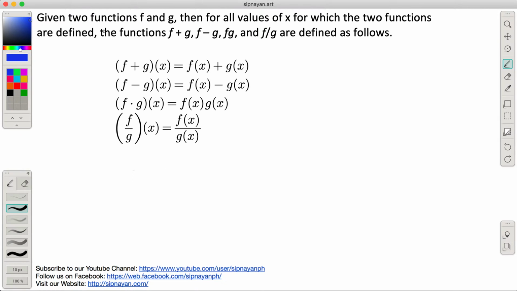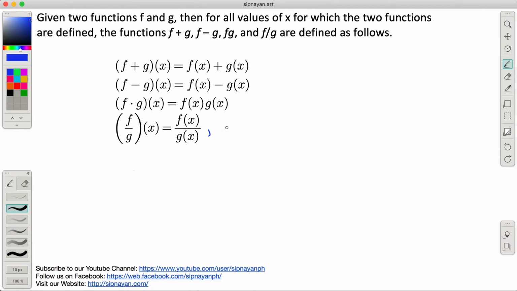So given two functions f and g, then for all values of x for which the two functions are defined, the functions f plus g, f minus g, f times g, f divided by g are defined as follows. So f plus g of x is equal to f of x plus g of x, f minus g of x is equal to f of x minus g of x, f times g of x is equal to f of x times g of x, and f over g of x is equal to f of x over g of x.